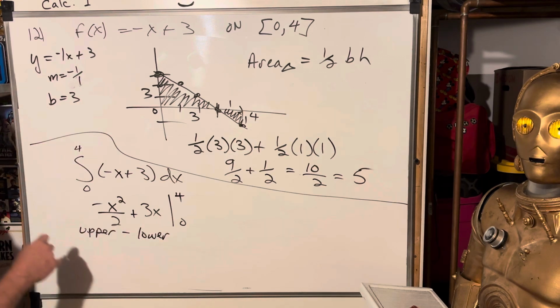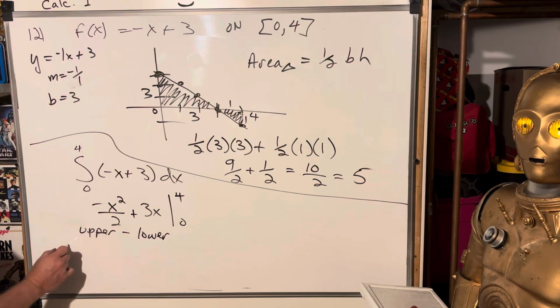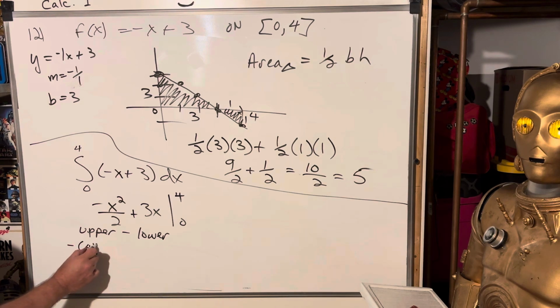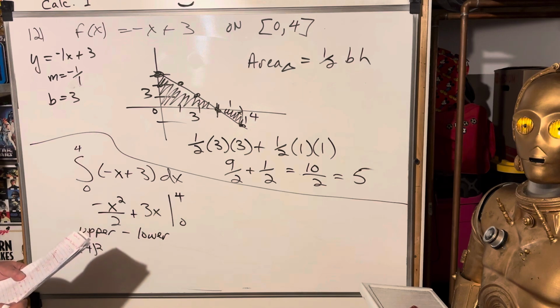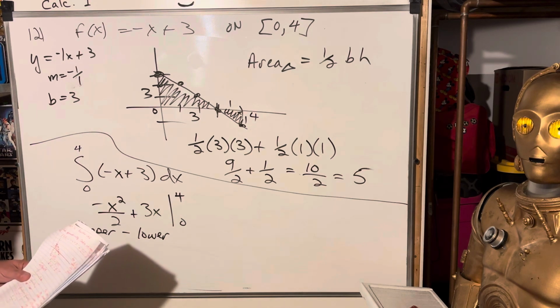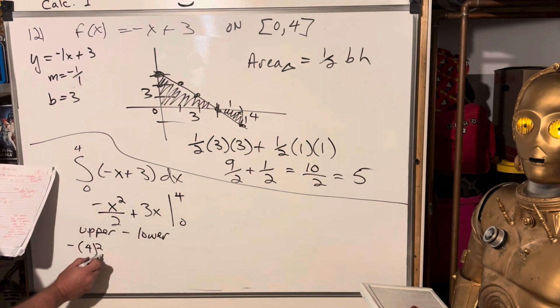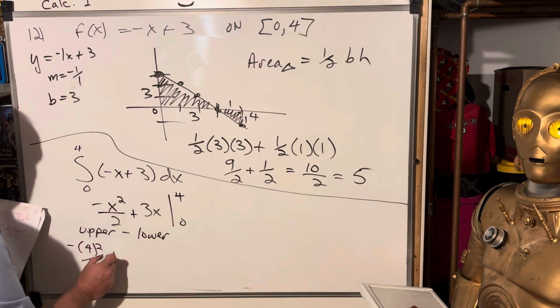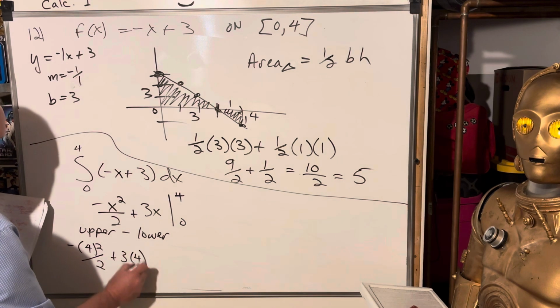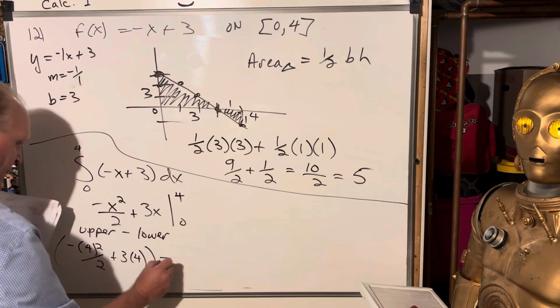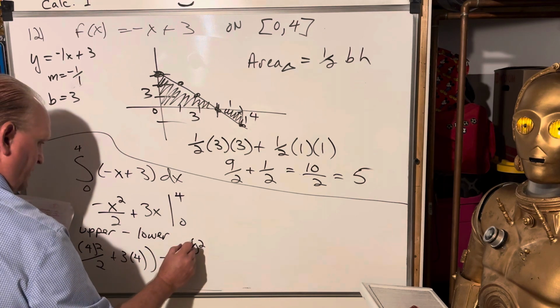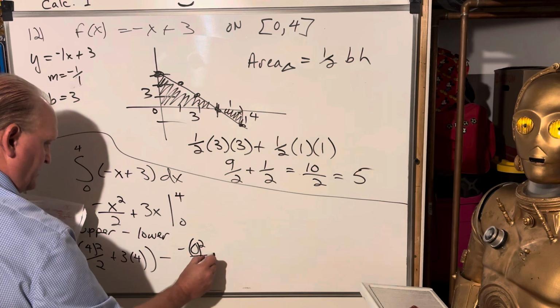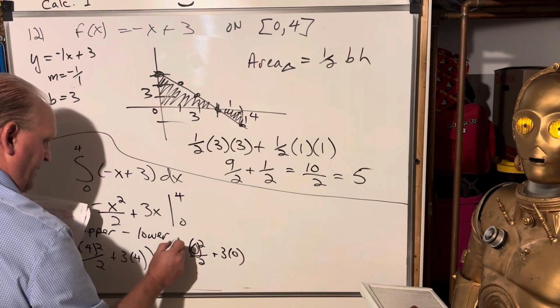So I'm going to do the opposite of 4 squared over 2 plus 3 times 4, minus the opposite of 0 squared divided by 2 plus 3 times 0. So that whole thing is 0.